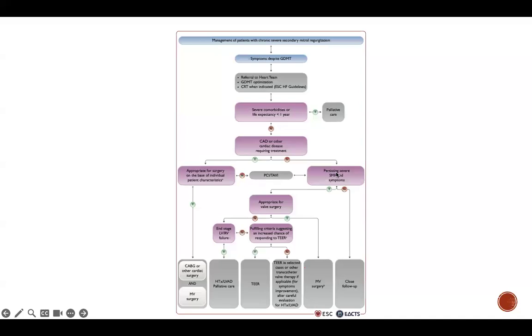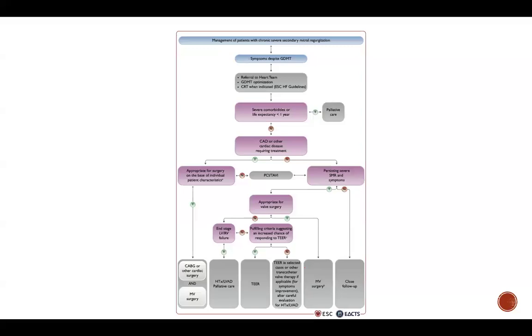If it's still persisting, still severe, then you see if he is an appropriate candidate for surgery, yes or no. If he is a candidate for surgery, you go for surgery. If he is not a candidate for surgery, then you assess if he fulfills the criteria for mitral valve clip by different means of measurement and different technicalities, usually discussed in the heart team meeting.